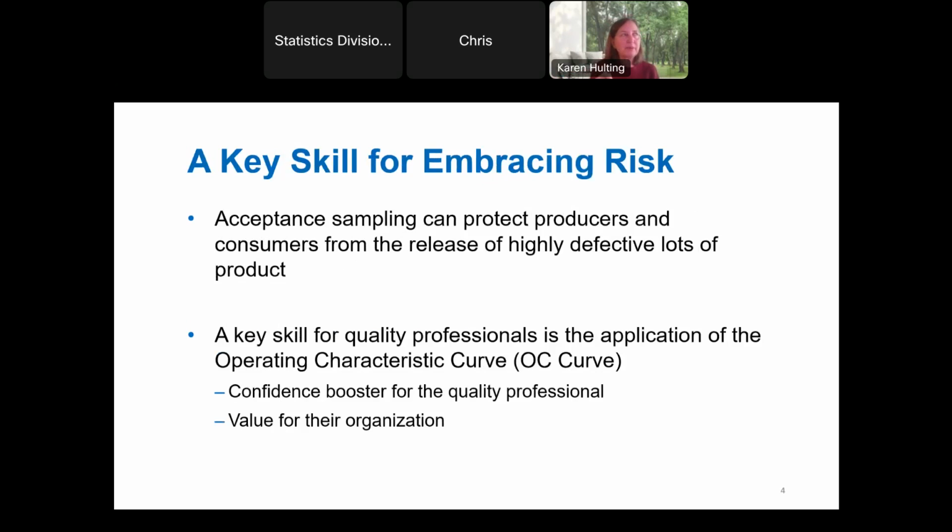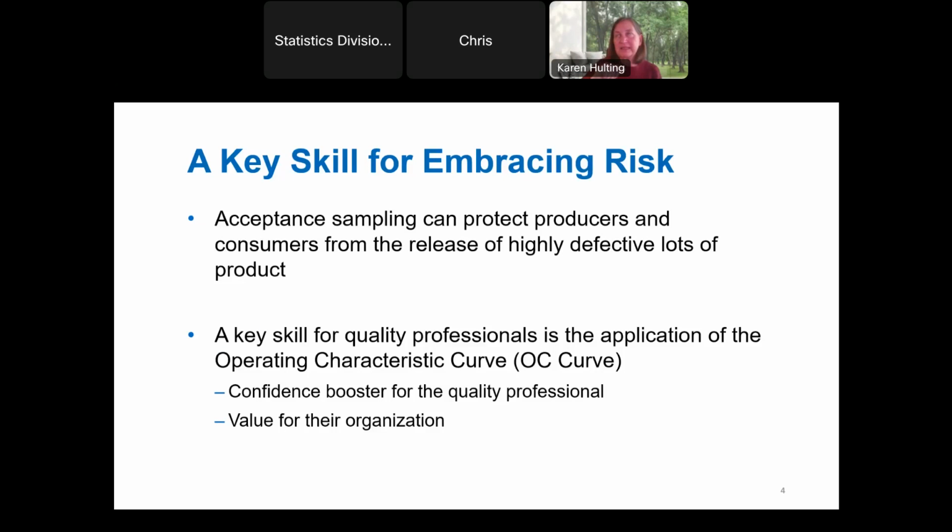And so I tell people, acceptance sampling, what it's really good at is protecting both producers and consumers from the release of highly defective lots, right? If things have all of a sudden gone badly, acceptance sampling is our insurance policy to find out.